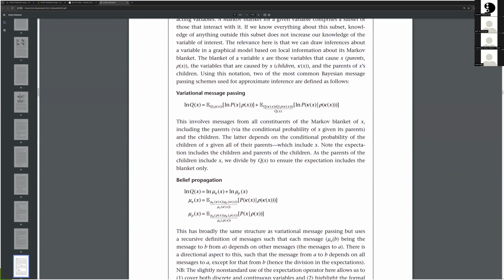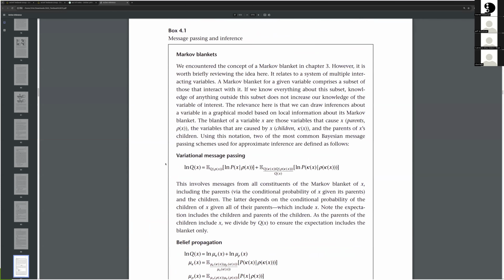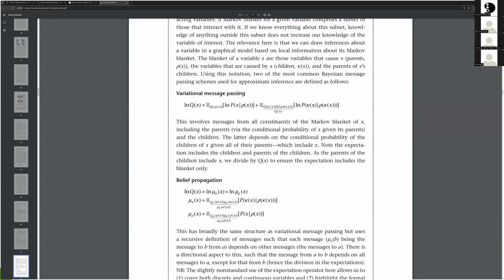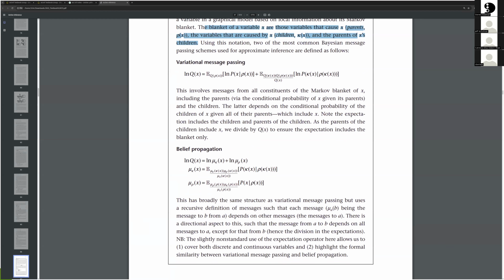A blanketed off box on Markov blanket with its definition: upstream causes of X, downstream effects of X, and the co-parents of the children of X. After that short definition, immediately going into these two methods, kind of like network propagation or percolation methods for having messages passed among nodes that implement this variational gradient descent.